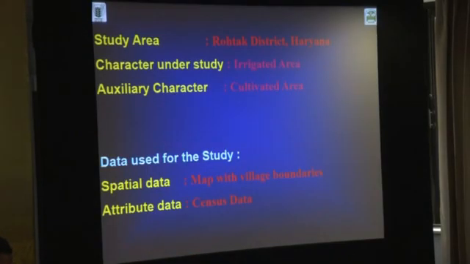Coming to the next, the study area here we had taken was the Rohtak district, and the character under study was irrigated area, and the auxiliary character was cultivated area. So the spatial correlation actually is calculated on the cultivated area, and the irrigated area is estimated.